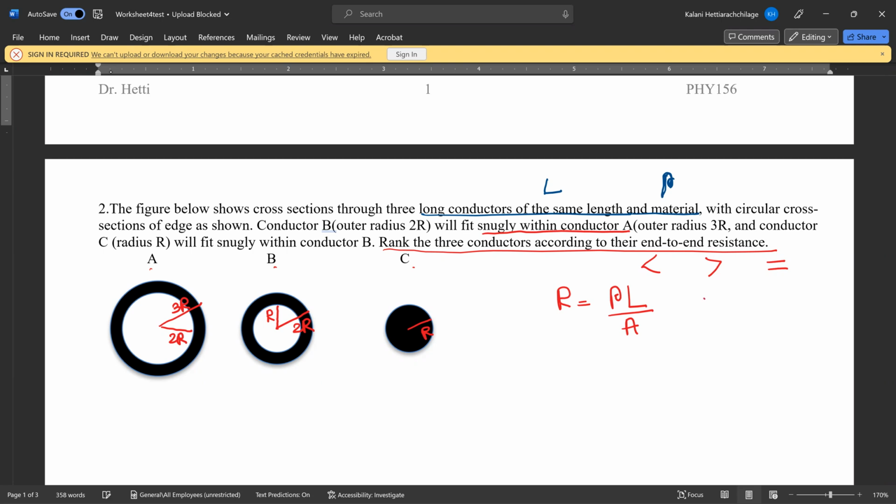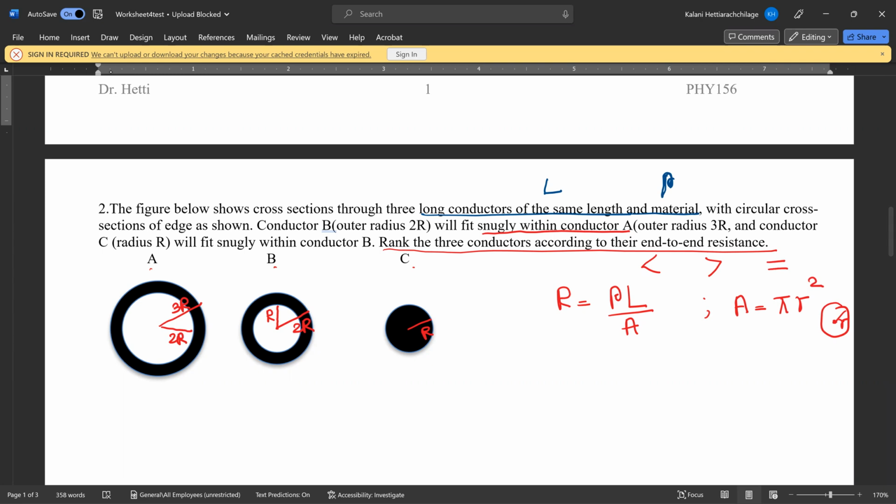The cross-sectional area of a circle, if it is a circle, is pi r squared, if the circle has radius r. According to that, we're going to use it for A, B, and C. Okay, so let's do it for A first.